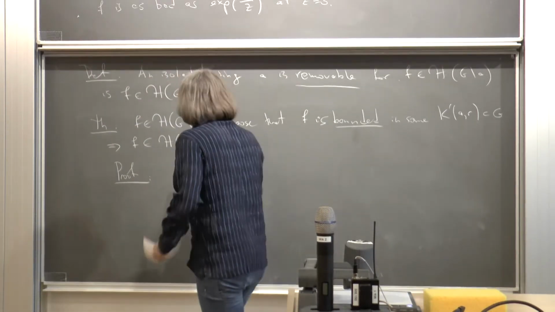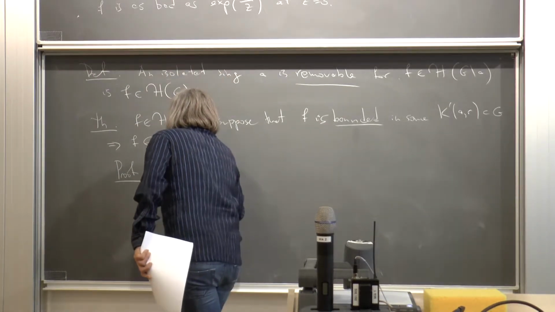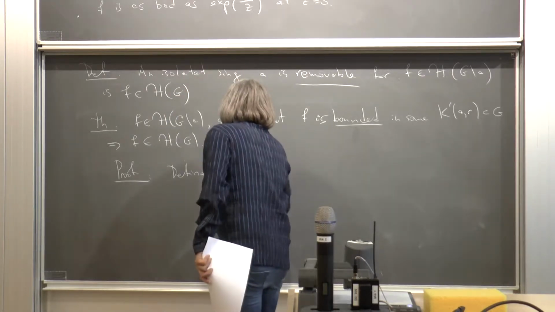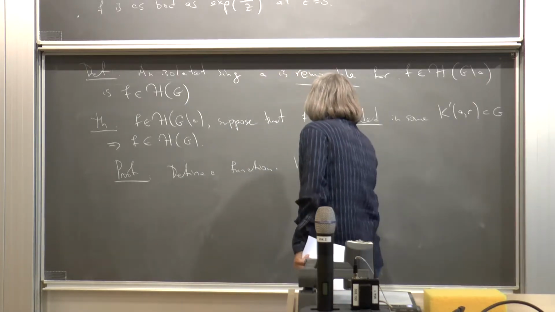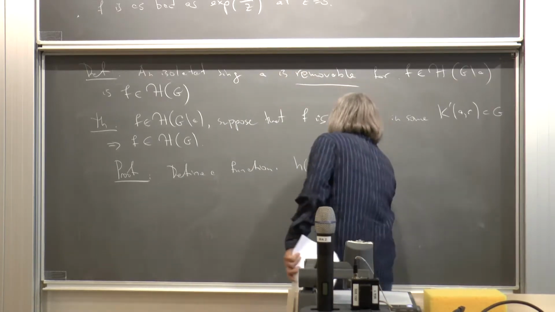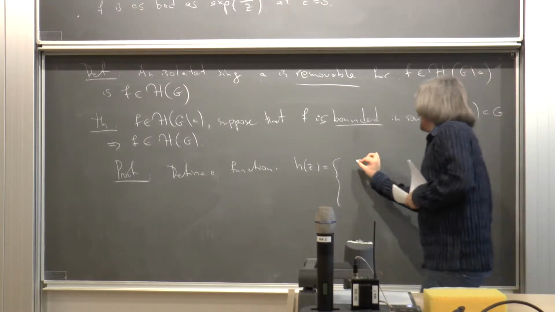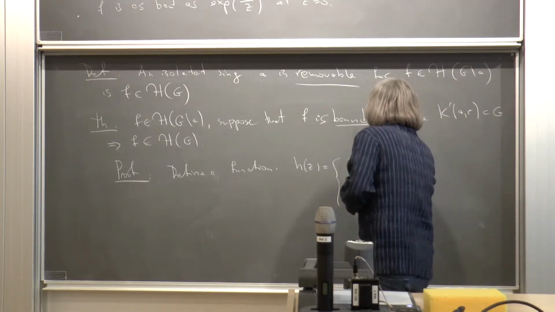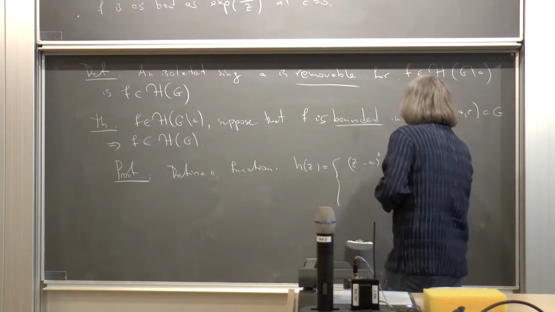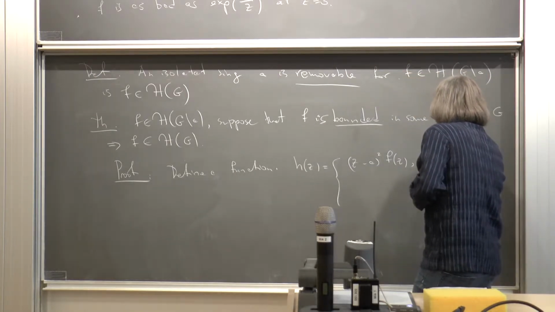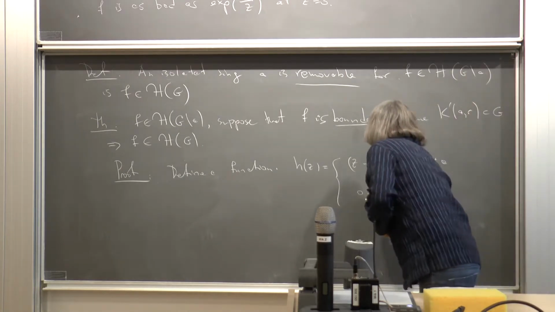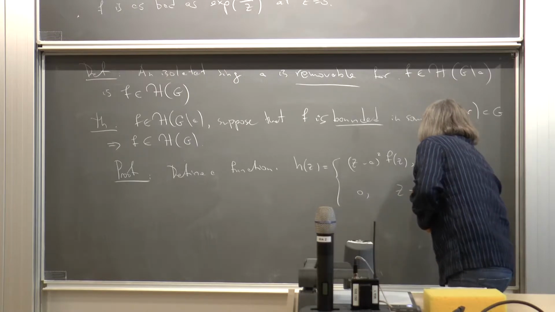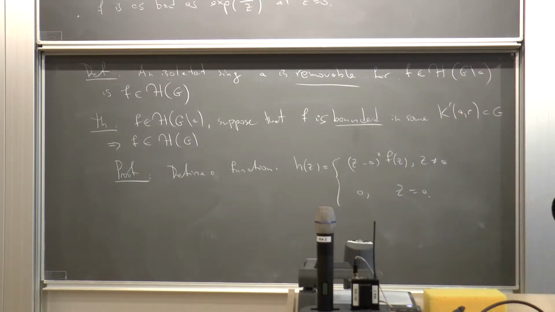Define a function h of z equal to (z minus a) squared times f of z when z is not equal to a, and 0 if z equals a. We'll see that this function is continuous and actually holomorphic.